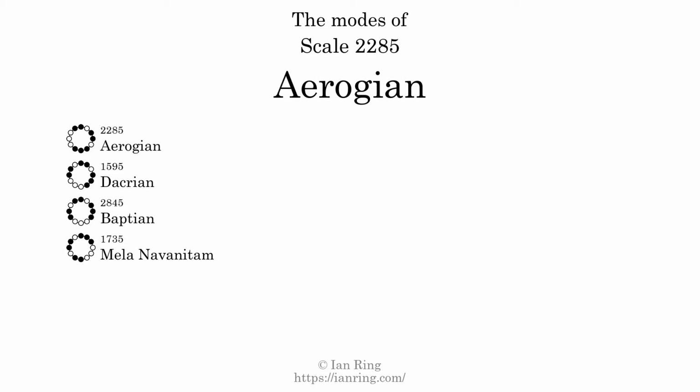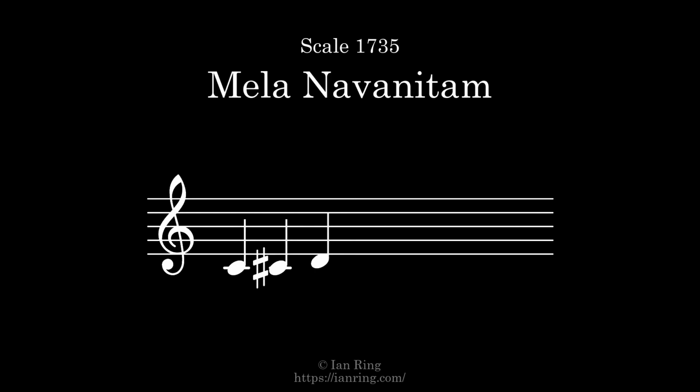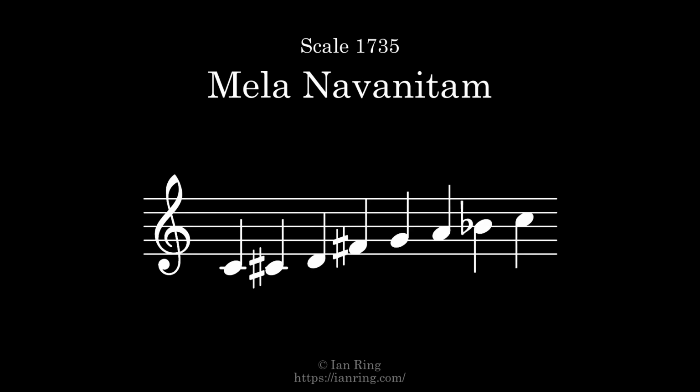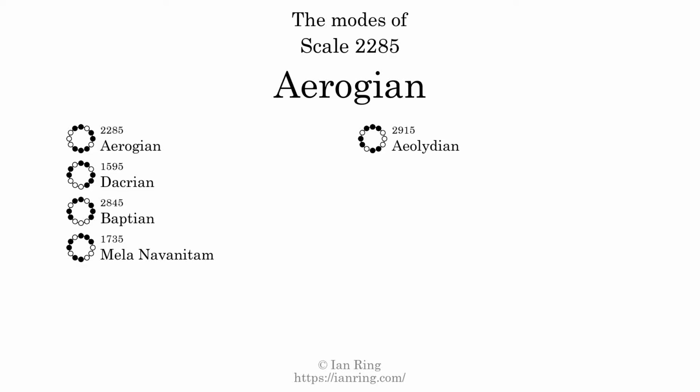The fourth mode is scale 1735, also known as Melina Vanitum. It sounds like this. The fifth mode is scale 2915, also known as Eulidian. It sounds like this.